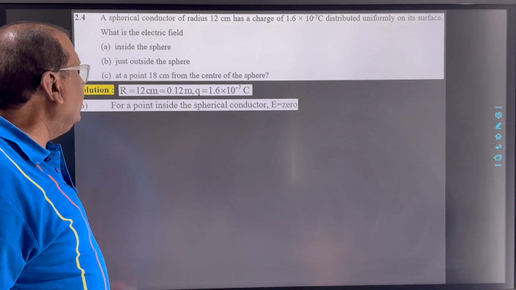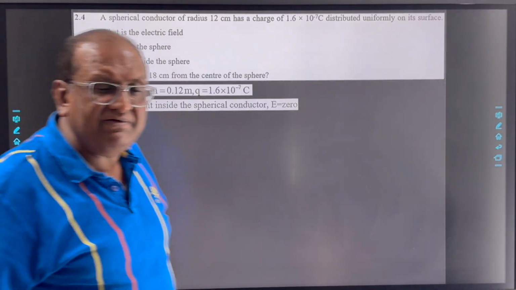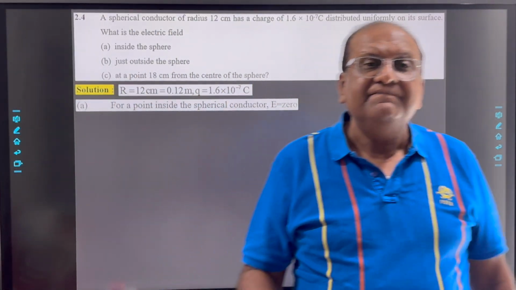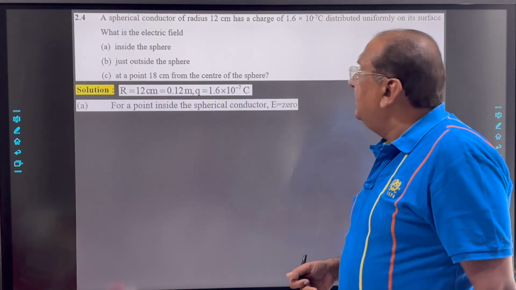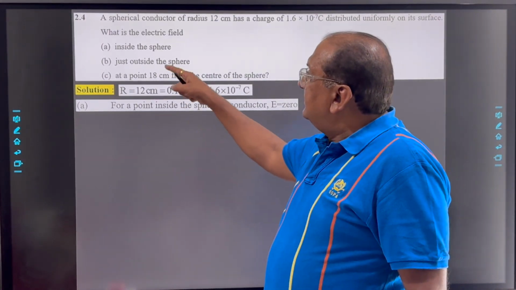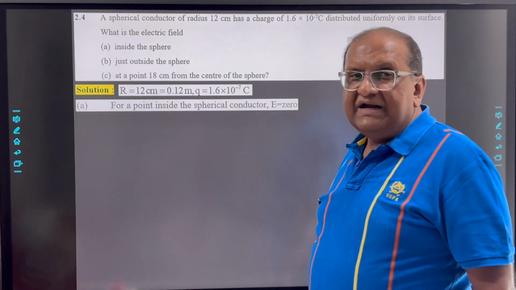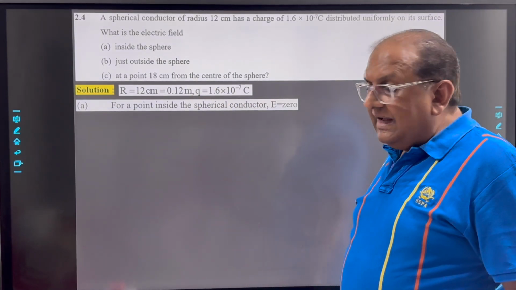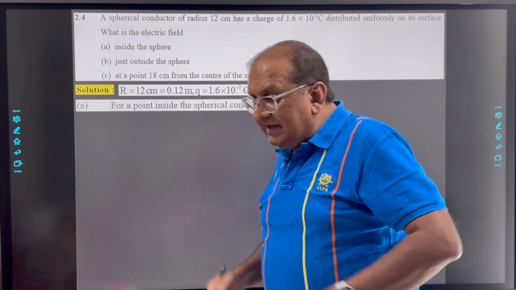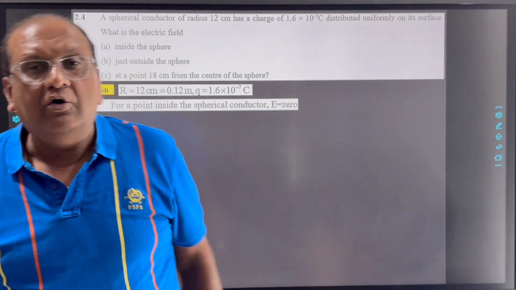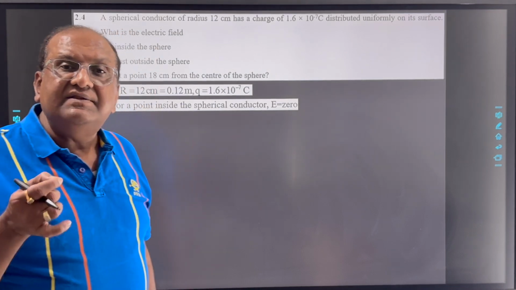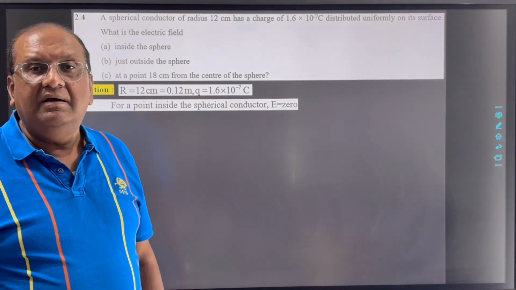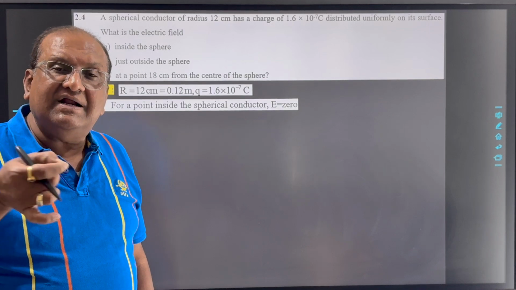Now just outside the sphere. Just outside the sphere means we consider it at the surface of the sphere. So we can take the distance r equal to 12 centimeters, so 0.12 meter. Now the entire charge distributed on the spherical surface behaves like a point charge concentrated at the center.